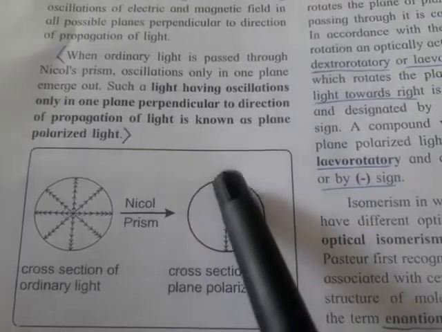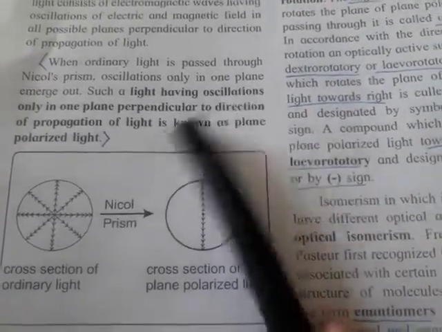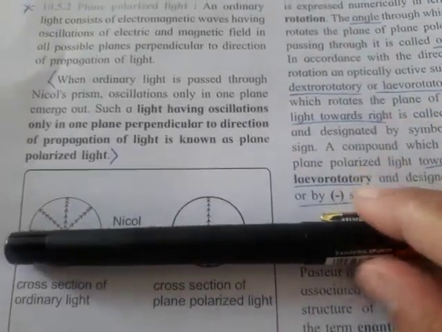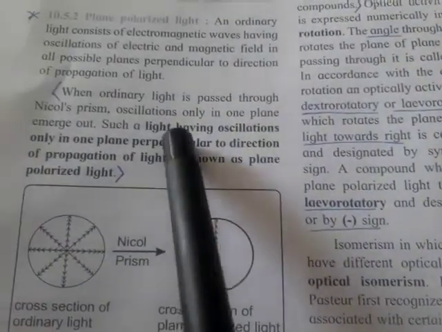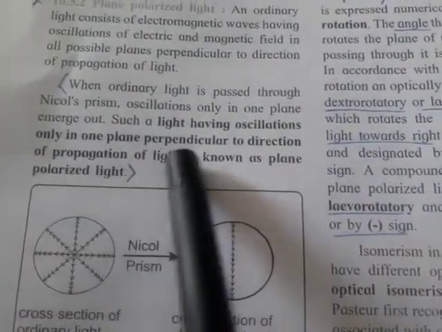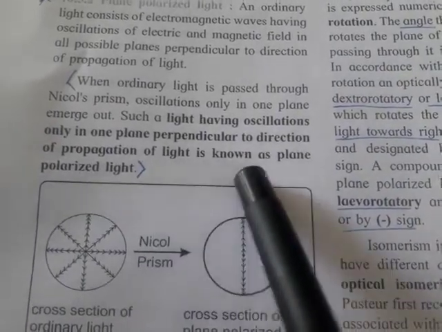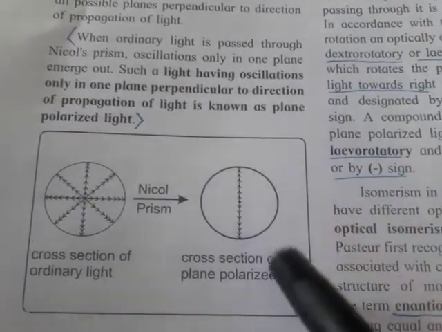So this is its vibration and this is its direction of propagation. So the direction of propagation and vibration are perpendicular to each other. So the light having oscillation only in one plane perpendicular to the direction of propagation of light is known as plane polarized light.